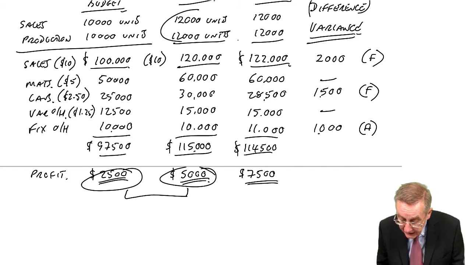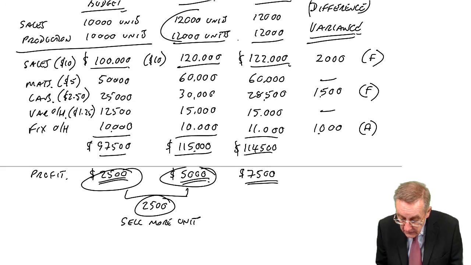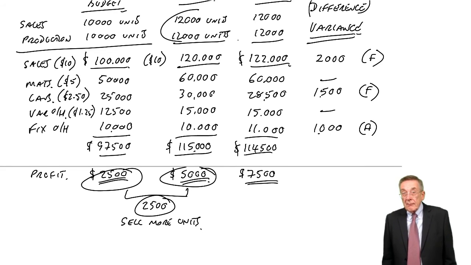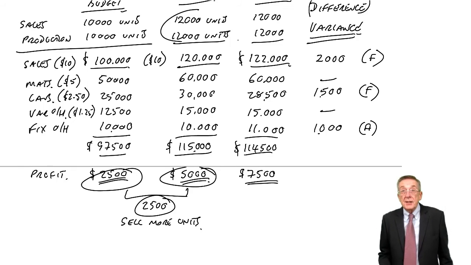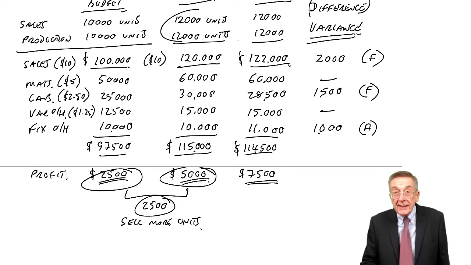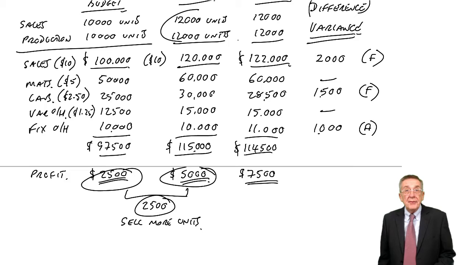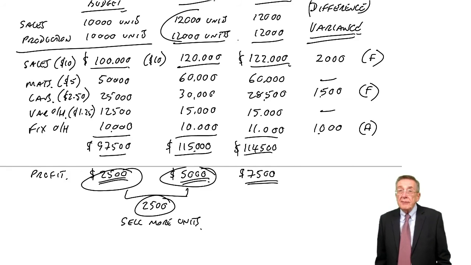We expect an extra 2,500 because of selling more units. Fine. Had everything gone perfectly in terms of the standard costs, the profit would have been 5 now. So why is it 7.5?